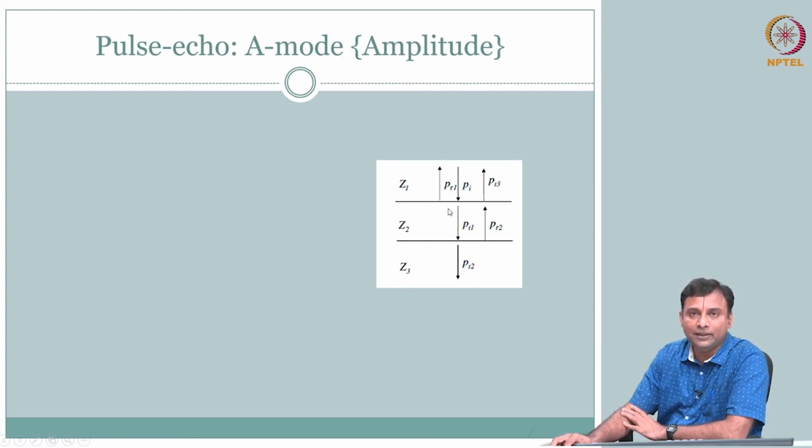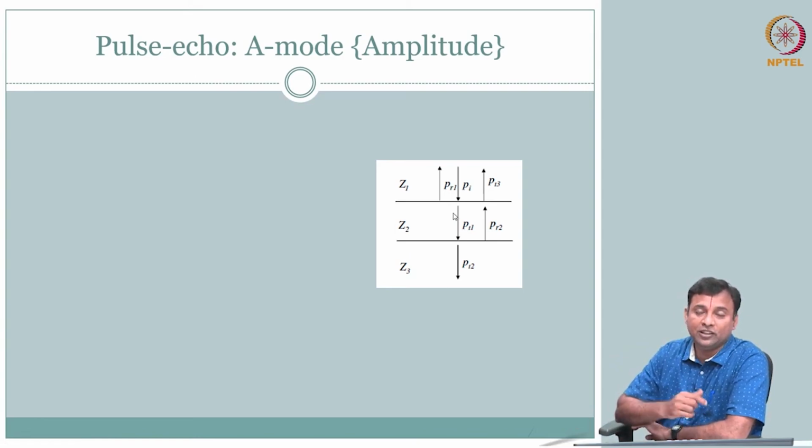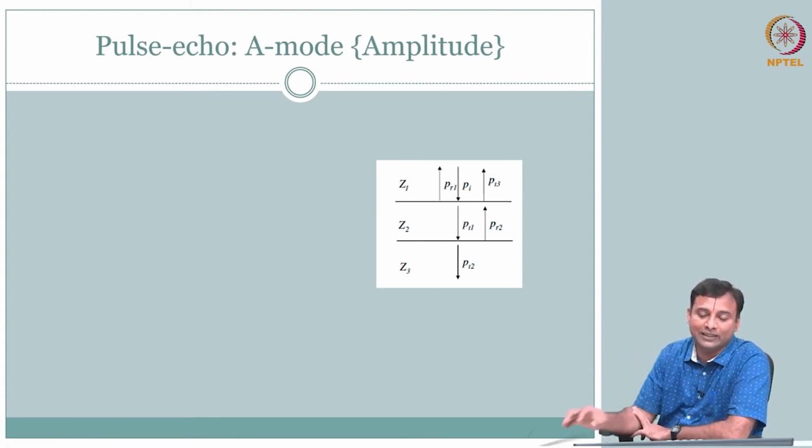I can send a pulse, and if I get an echo, then I know there is an interface there. So when I listen to the echo, wherever I get a dominant, good high amplitude echo back, I can then, based on my range equation, say at which location that interface is present.